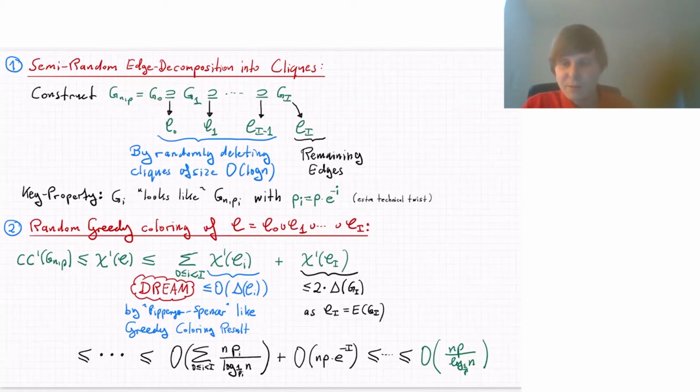There's some parameter fine-tuning involved here, but the idea is that each time we delete a bunch of cliques which cover a reasonable proportion of the edges of the current graph, so that as we move along this chain, the graph gets sparser and sparser. Okay, so we always take out certain cliques, making the graph sparser and sparser.